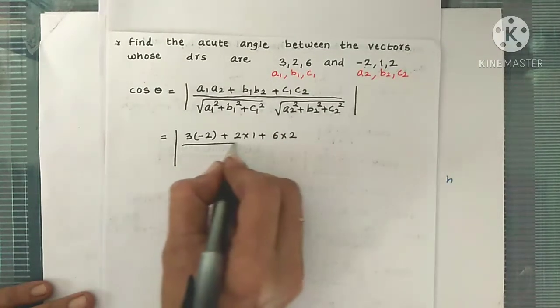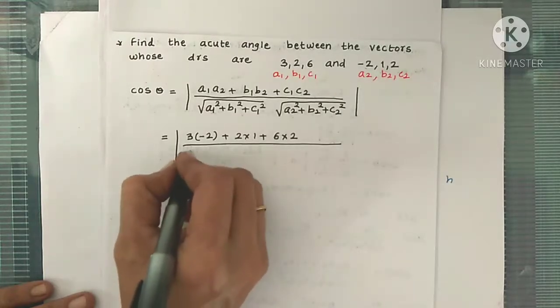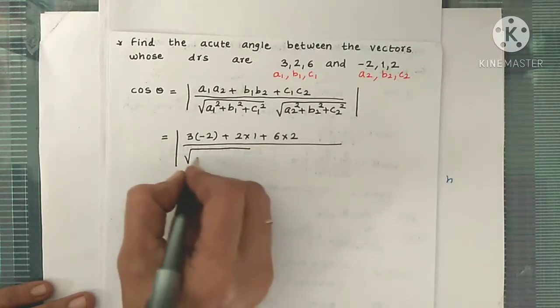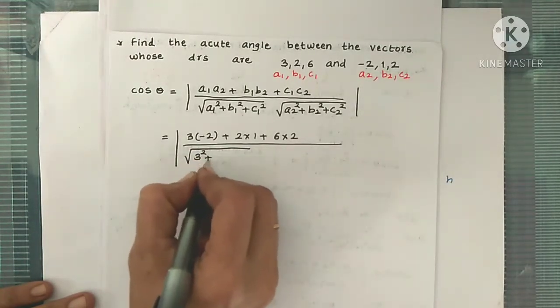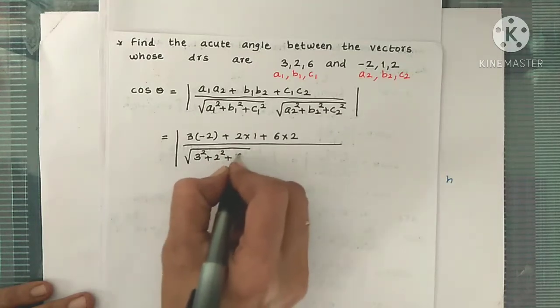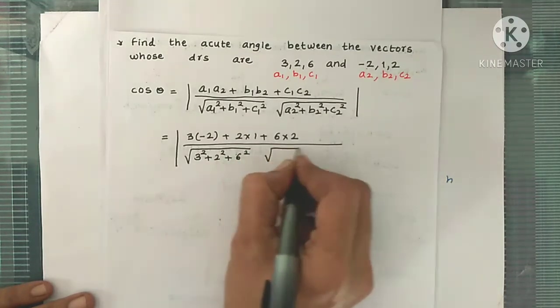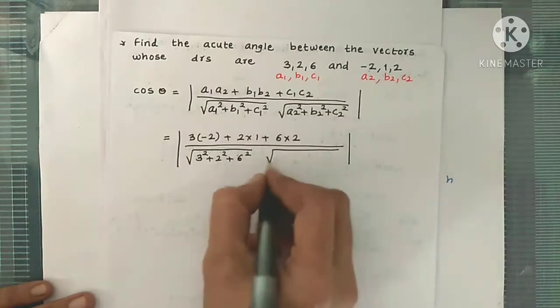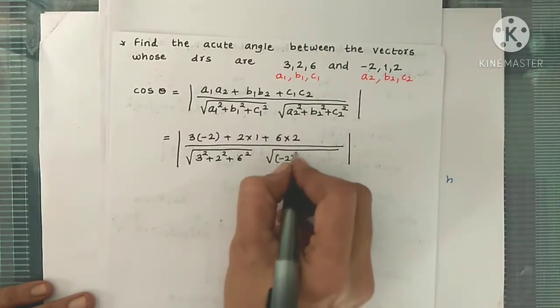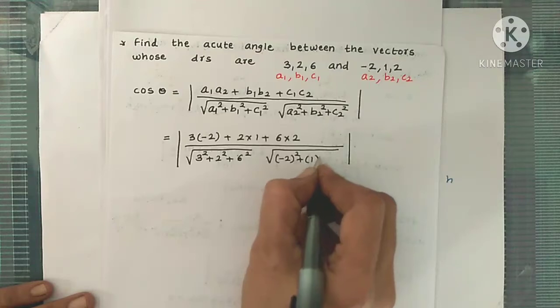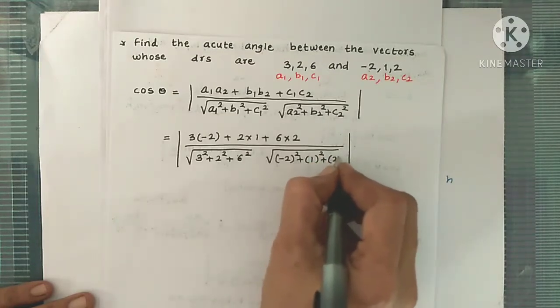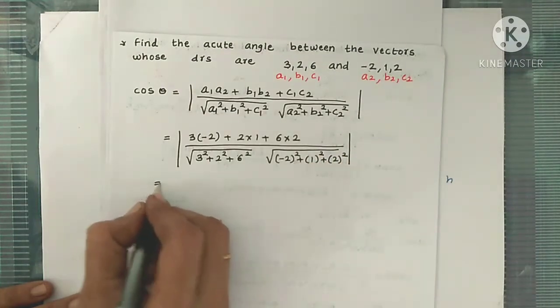So 6 into 2 divided by square root of, for the first set of direction ratios we have 3 square plus 2 square plus 6 square, and for the second set it is minus 2 square plus 1 square plus 2 square. Now let's simplify this.